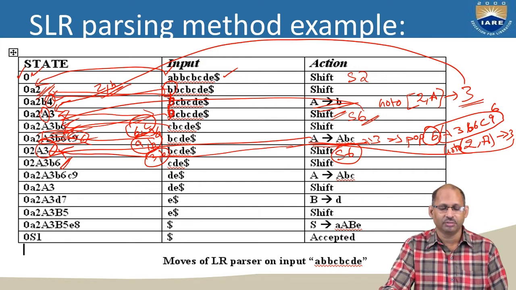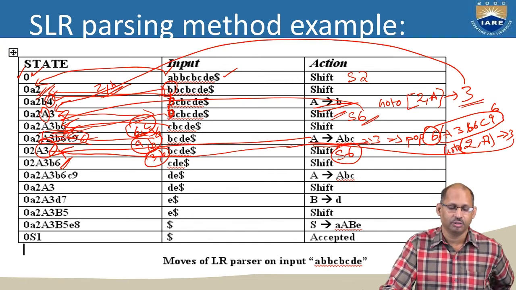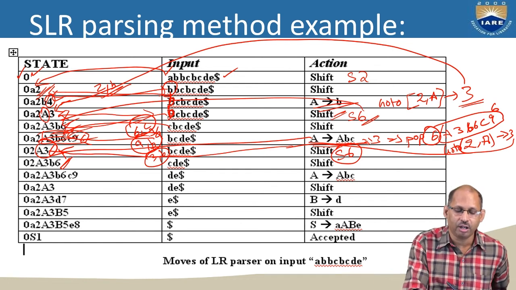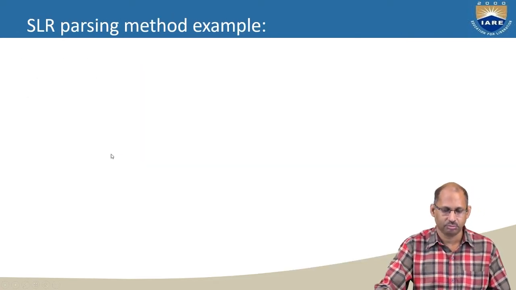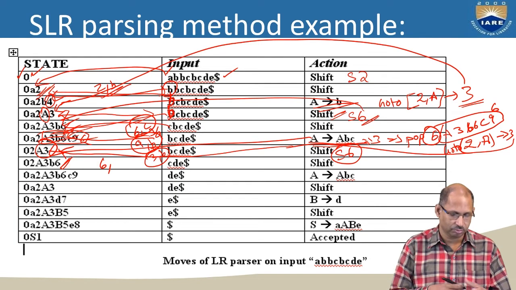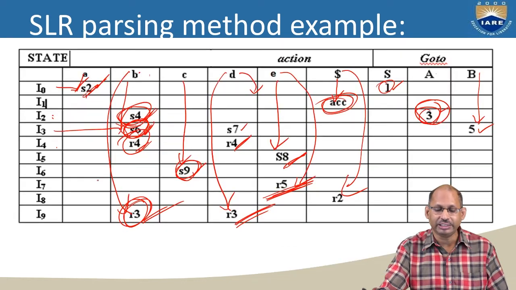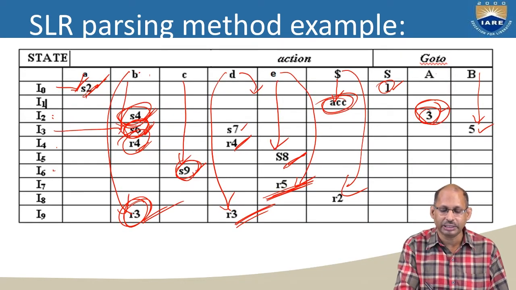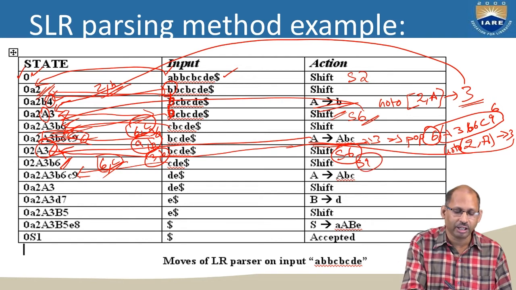Is it clear? Now, what do we have? 6 and C. What is 6 and C? 6, C, S9. Simply S9. Shift and also 9.